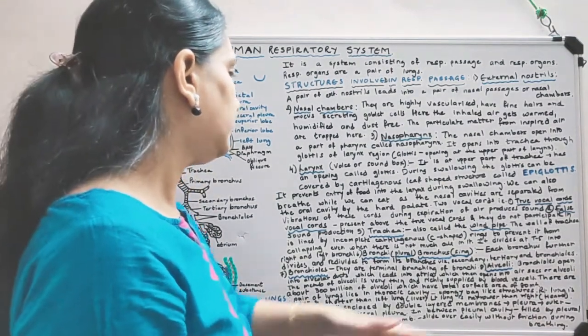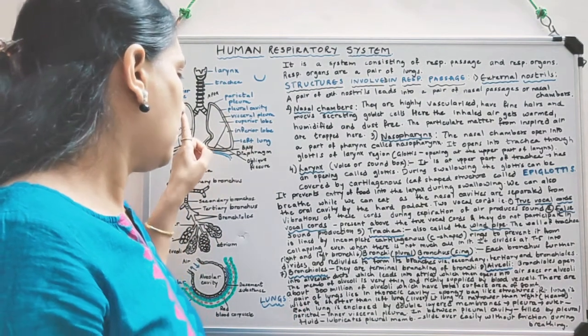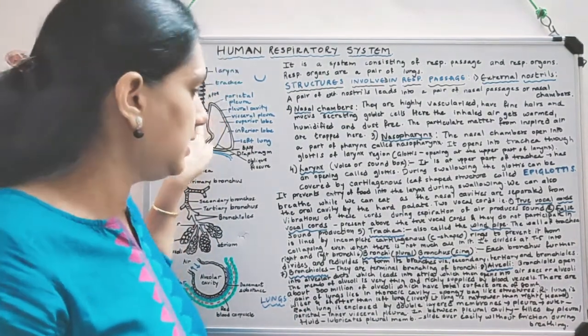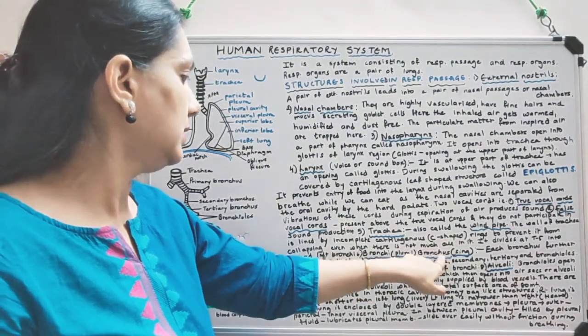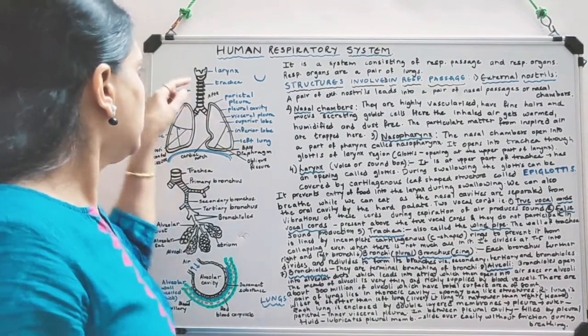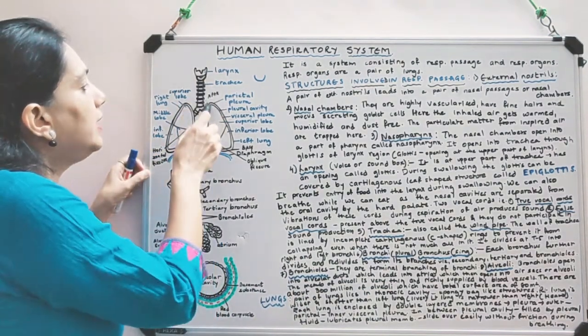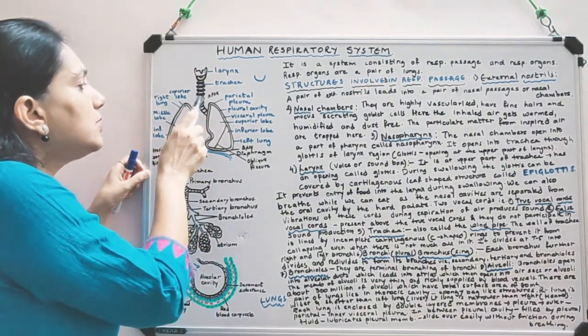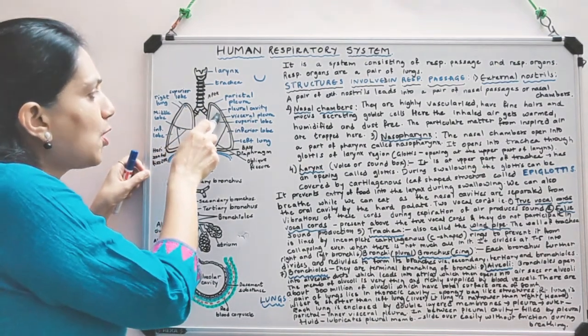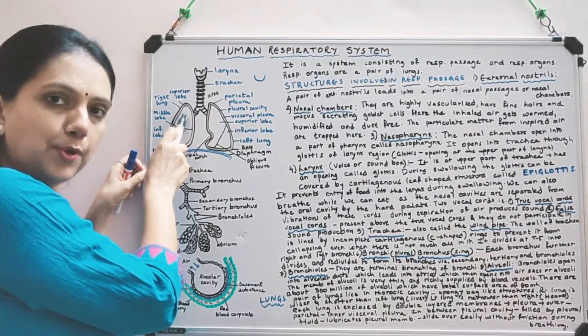And this will be called now as bronchus. Singular is bronchus, plural is bronchi. So trachea is dividing into the right branch and left branch. So this is the left bronchus, this is the right bronchus.